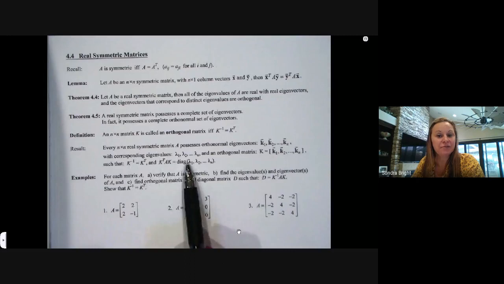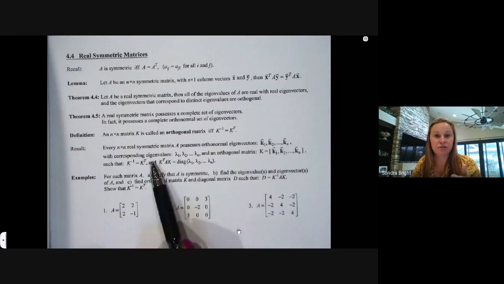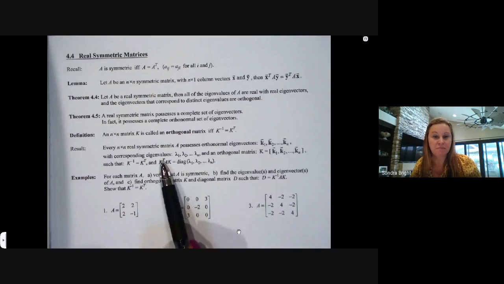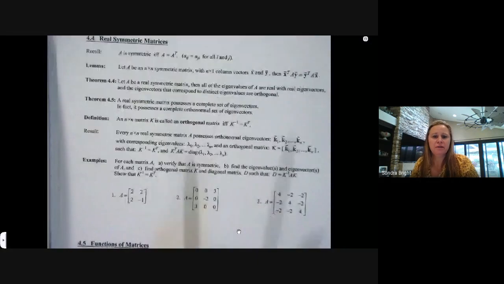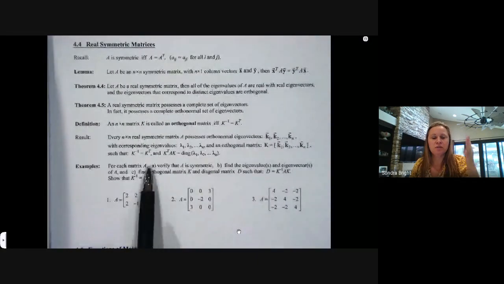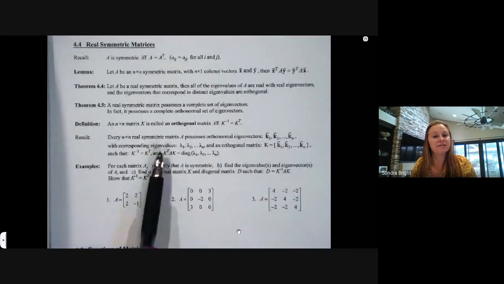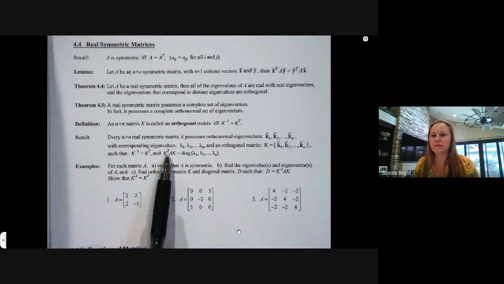Now we can replace K inverse with K transposed. This is only for when it's symmetric. Don't do it if it's not a symmetric matrix, because it's not true. But if your matrix is symmetric, we end up not having to find the inverse of K. We can just use K transpose, which is so much easier.